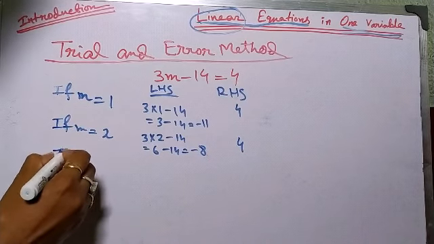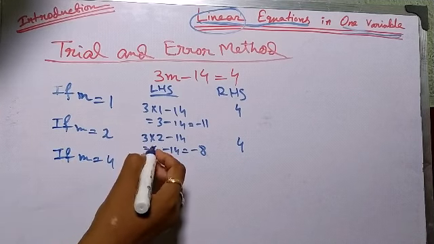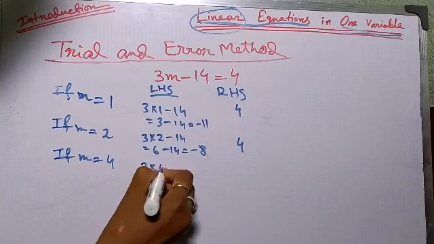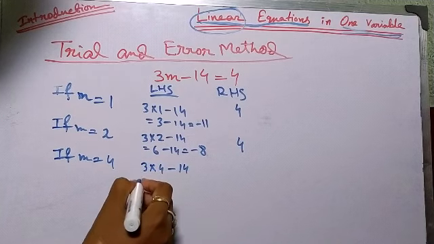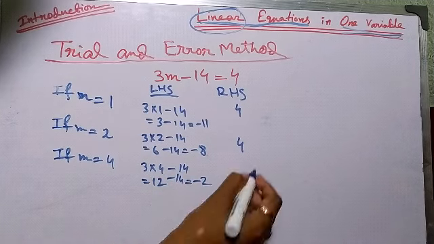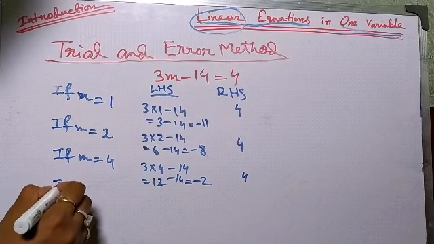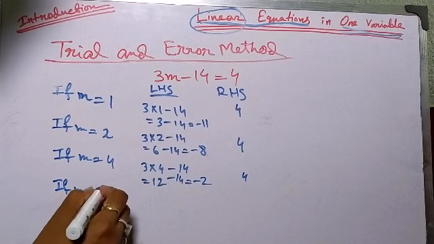So next value we will put here, m equal to, suppose 4. So 3 into 4 minus 14, that means this will be 12 minus 14, that means minus 2. But here that is 4. So now we can put the value of m as 5.